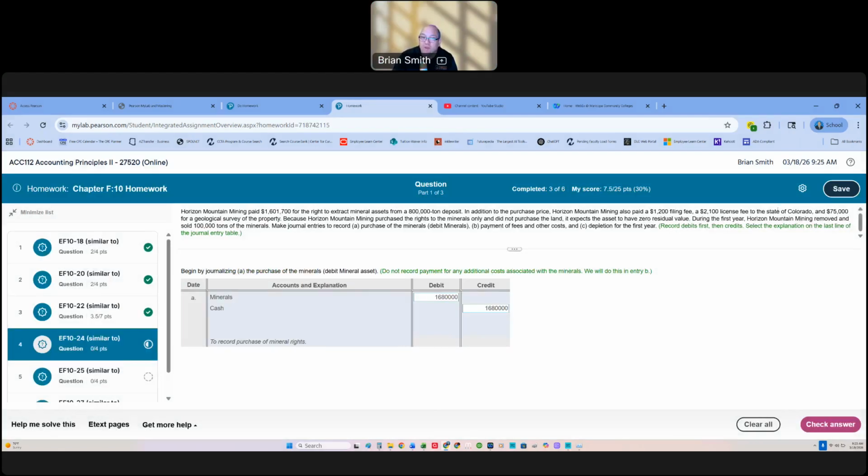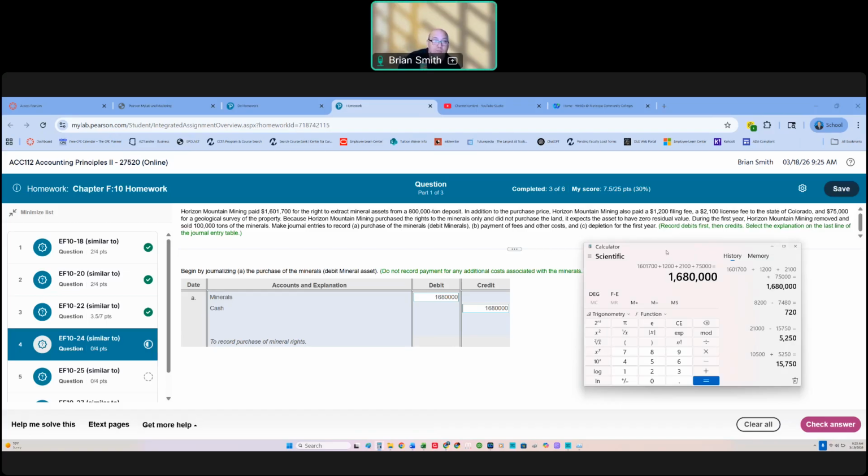Did I forget something? Did I calculate that wrong? So we didn't buy the land, but I don't know why we bought for mineral rights. Check. I wonder what it's saying. I think it's 75,000 for the property.